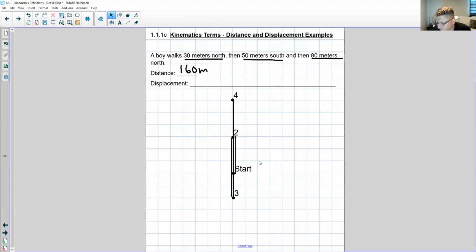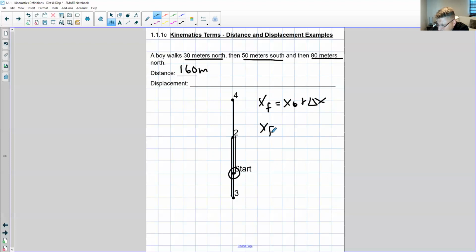Well, once again, if we call the start the 0 position, we can calculate where this person should be ending up. We would say that the final position should be equal to the initial position plus any changes in position that occur.